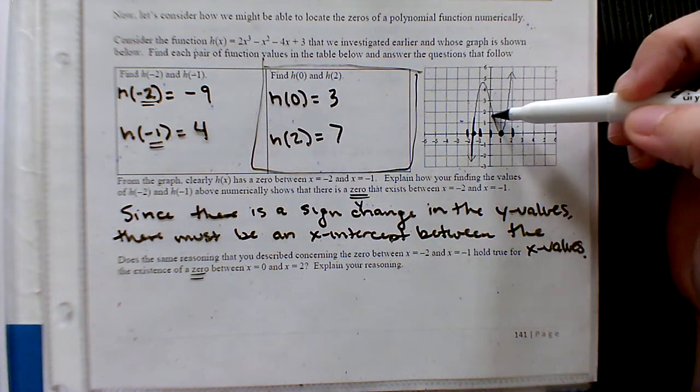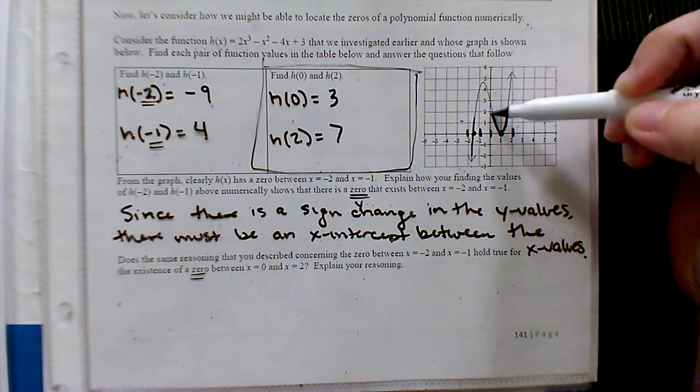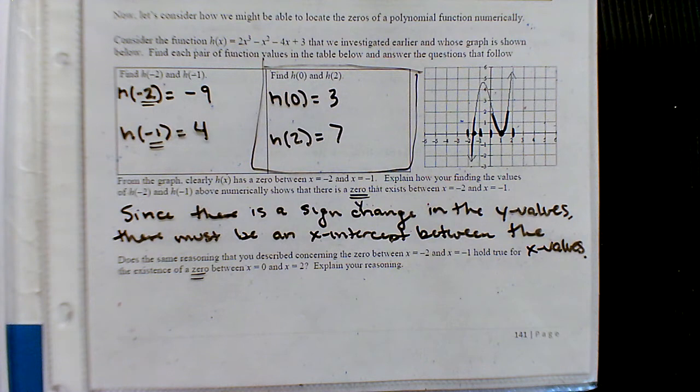Specifically, notice how if there's no sign change, you kind of have that multiplicity of 2 because you're just bouncing. You're going back in the direction that you were traveling before.